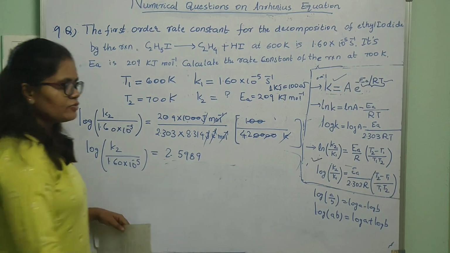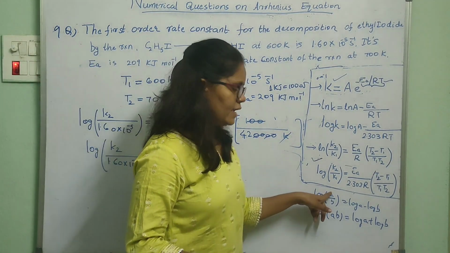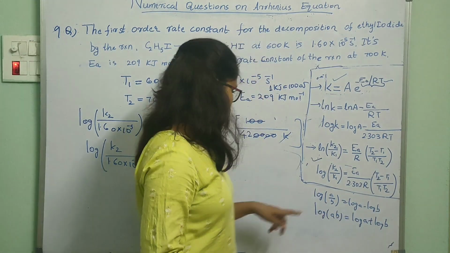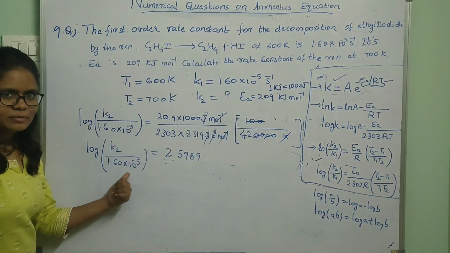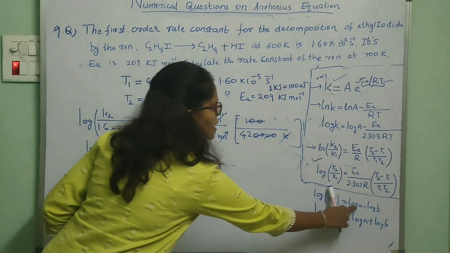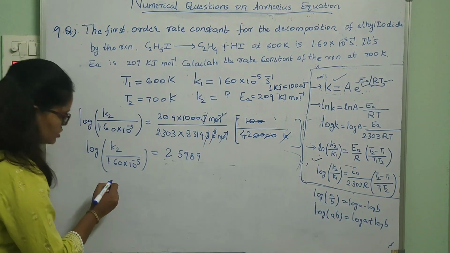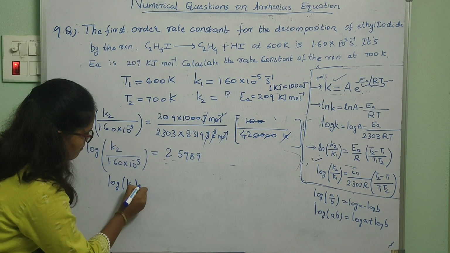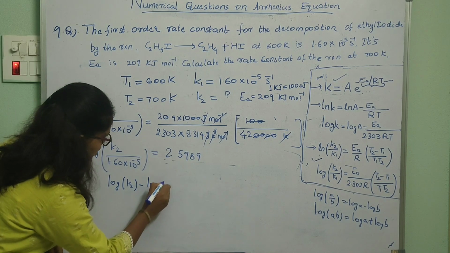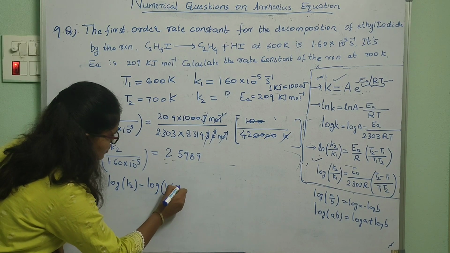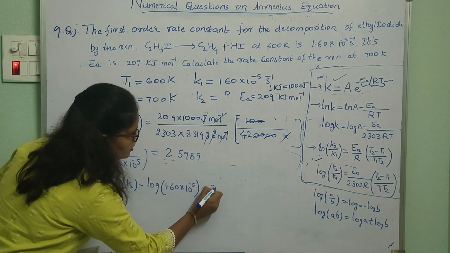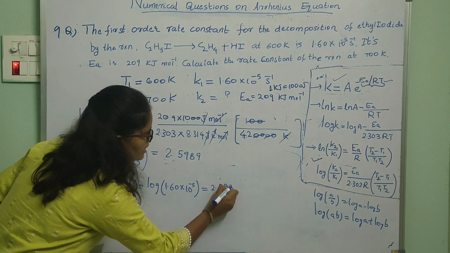So we know one formula, that is log A by B is equal to log A minus log B. So this is of the form log A by B. I can write it as log A minus log B, right? So I will write this as log K2 minus log 1.60 into 10 power minus 5, which is equal to 2.5989.